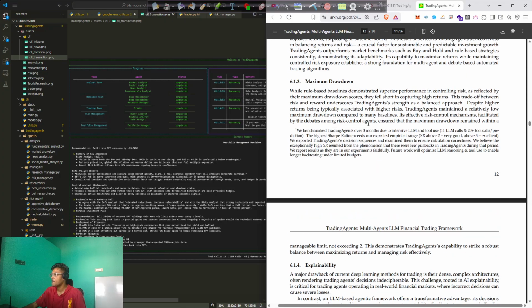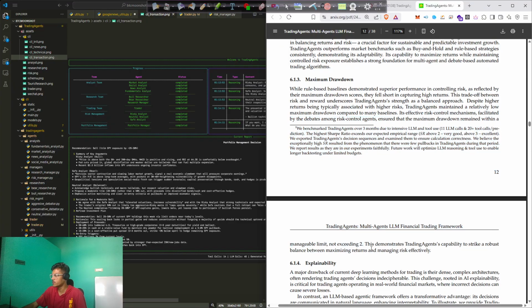So yeah, despite higher returns being typically associated with higher risk, trading agents maintained a relatively low maximum drawdown compared to many baselines. Its effective risk control mechanisms, facilitated by the debates among risk control agents, ensured that the maximum drawdown remained within a manageable limit, not exceeding 2.